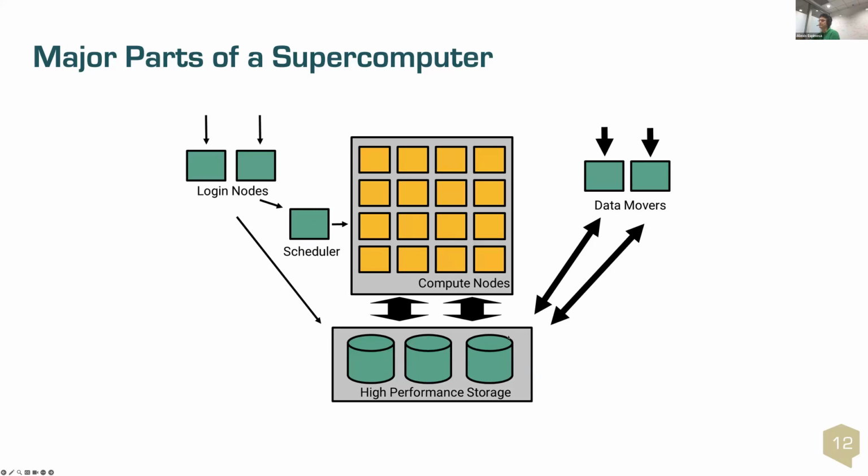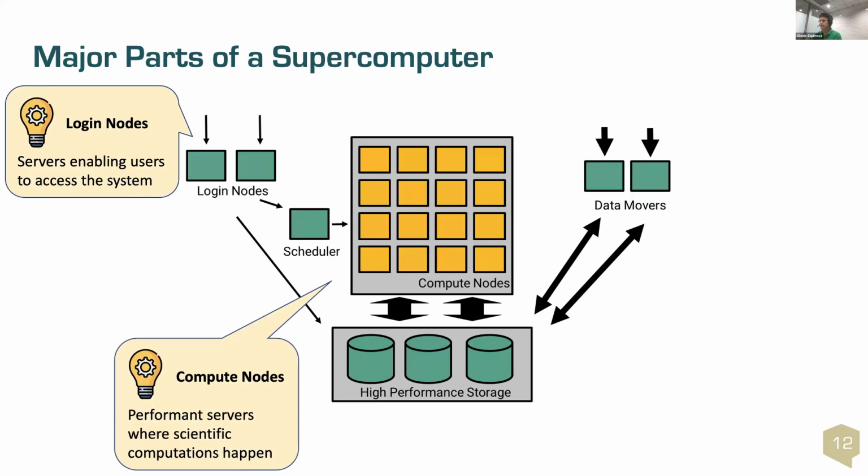Then you need to probably move them somewhere else to archive them or to analyze them. So for that, you need the data mover nodes that do not interrupt anything in the login nodes or the compute nodes. So you need these other nodes to also be able to read the disk and move the data. It could be data coming in for doing the simulations, or releasing your generated data outside.